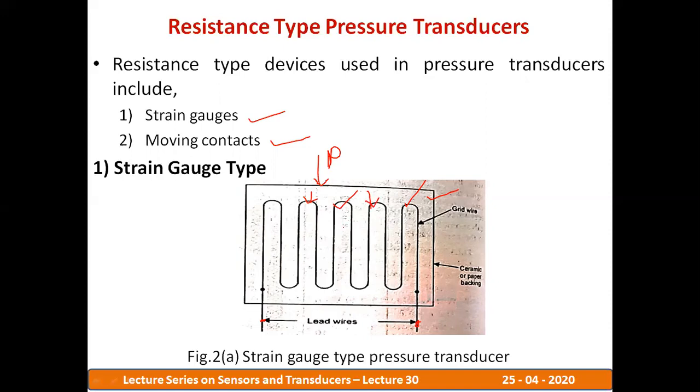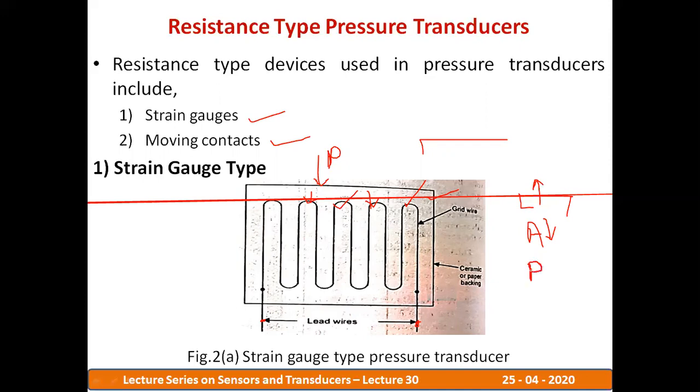The wire gets stretched, which will lead to an increase in the length. When it gets stretched, its area will decrease. So what happens as a result? Resistance will increase, correct?